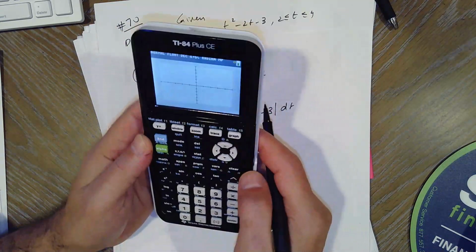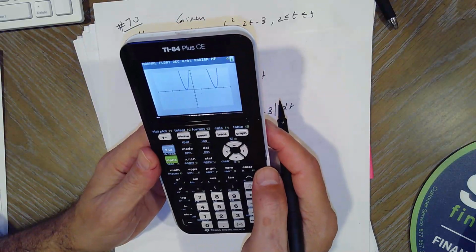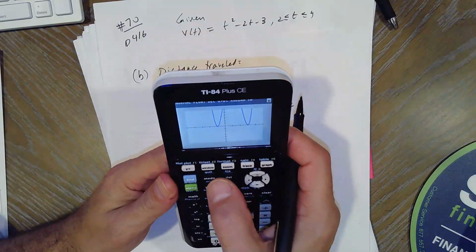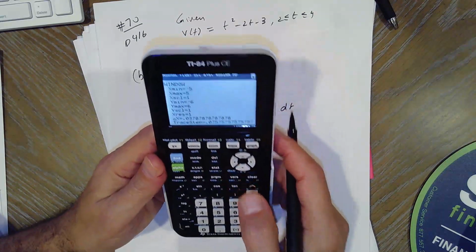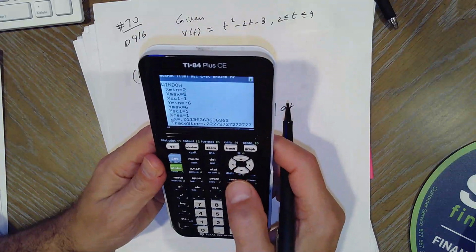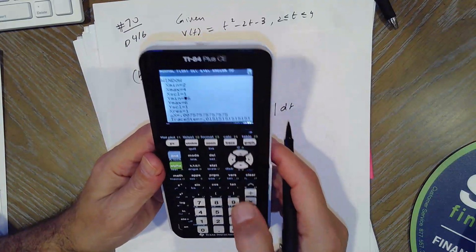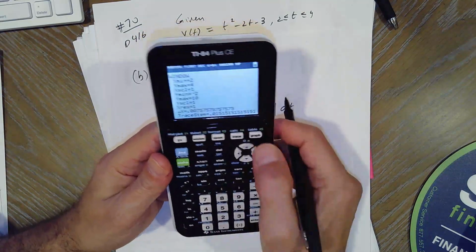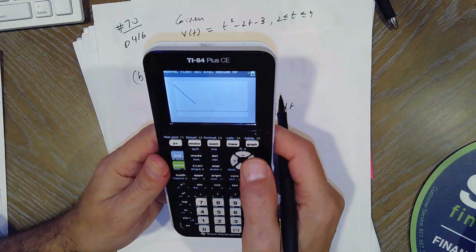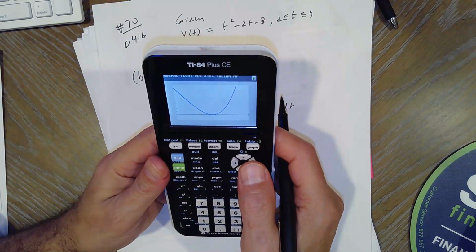So graph, and you can see the negative portion, it's going to flip it. But we only need between 2 and 4, so let's go to window and do x minimum is 2, x maximum is 4, and then the y, let's do negative 2 to 10, so we can see the graph that we want. So it shows you the positive part between 3 and 4.